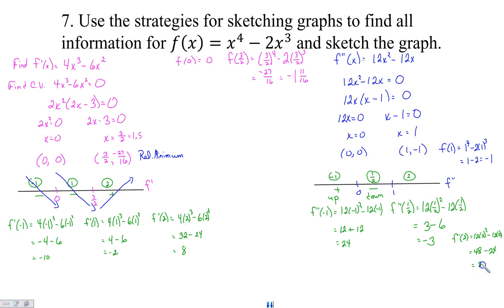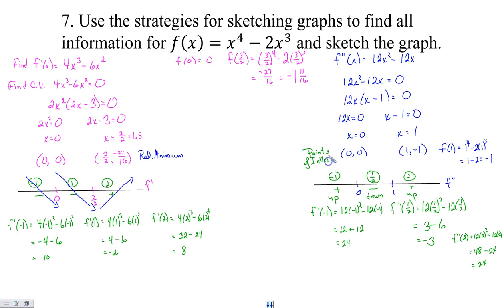And once again, I'm going to get a positive 24. More importantly, the fact that it's positive tells me that my concavity changes yet again. So both of these x values are going to produce those points of inflection. So both of these are inflection points. So we have 2 of them, points of inflection.